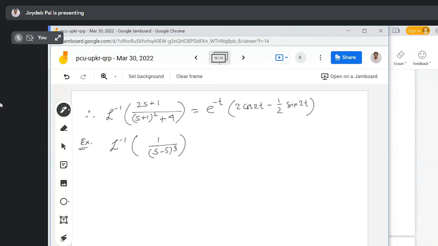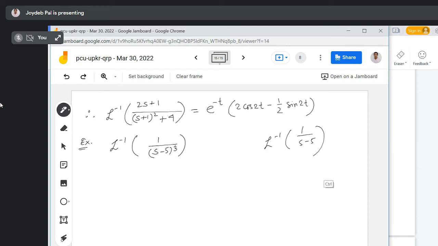Okay. How to find it? So Laplace inverse of, देखो 1 by, if it is Laplace inverse of 1 by s minus 5 only, I can write it immediately by the formula e to the power 5t. But it is not exactly that.